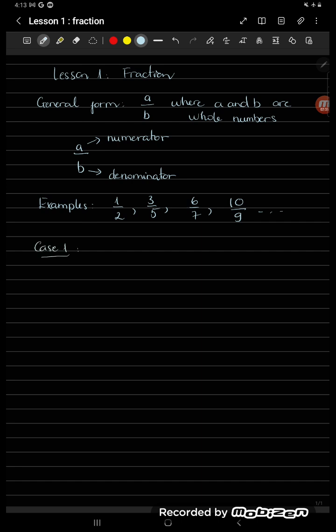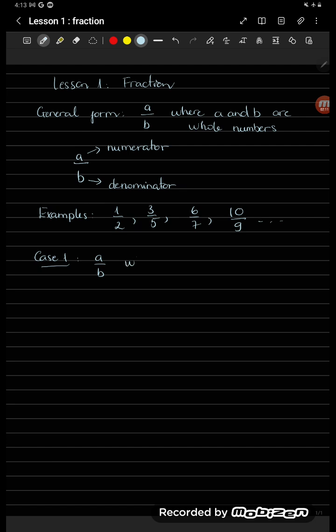So case 1, we have a fraction A over B where A equals B. In this case, A and B are equal to each other, and the fraction A over B is always equal to 1. Let's take an example. 1 over 1 equals 1, 3 over 3 equals 1, 2 over 2 equals 1, 4 over 4 equals 1, 5 over 5 equals 1, and so on.